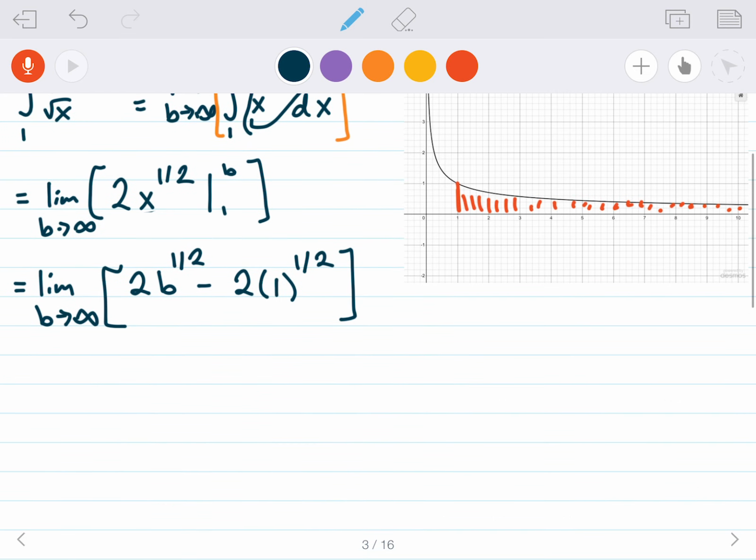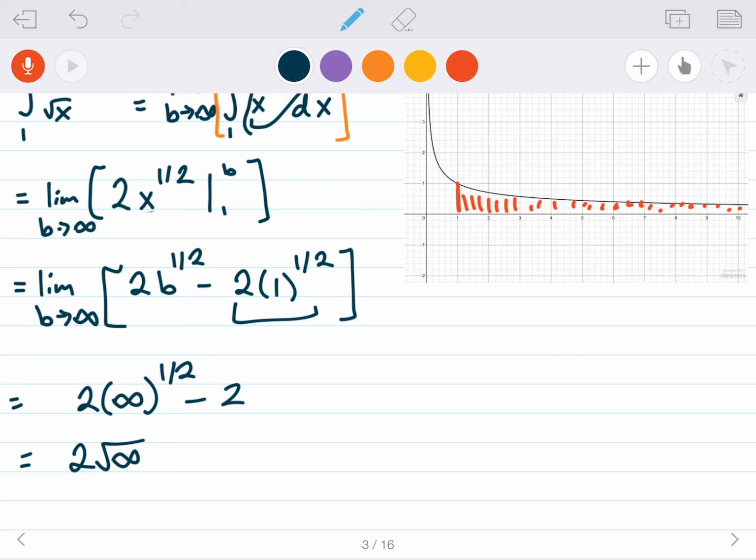Okay, let's go ahead and simplify this. Right, so at this point I'm going to plug in infinity anywhere I see a b. So I have 2 infinity to the 1/2, and then this thing is just minus 2. So this is 2 square root of infinity minus 2. So this thing under the radical, as numbers get really large, the entire thing is going to get really, really large.